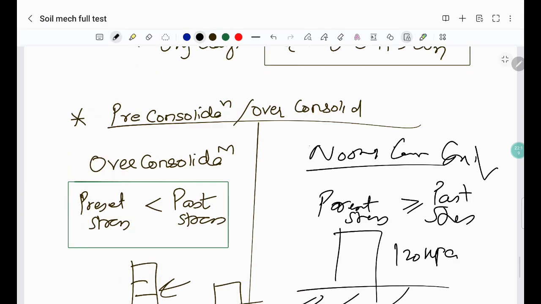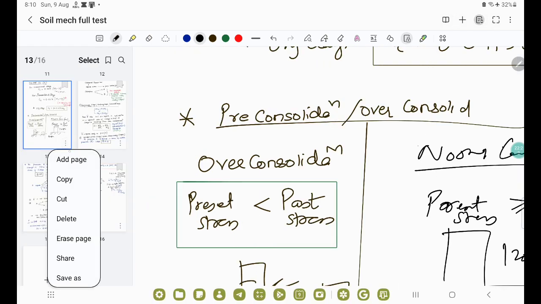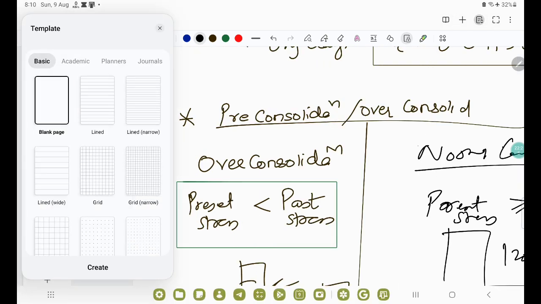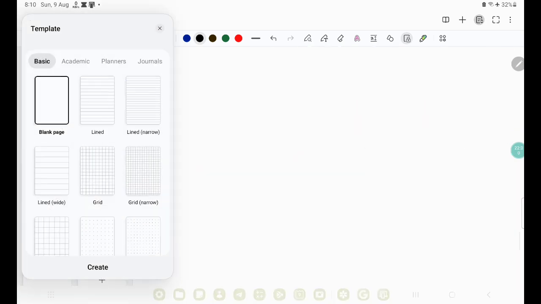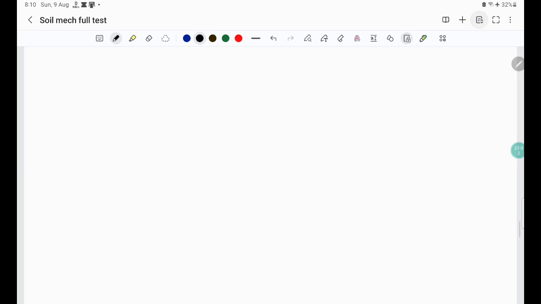Let us see now another point. Now we'll draw a curve, and this curve will have 4 stages.